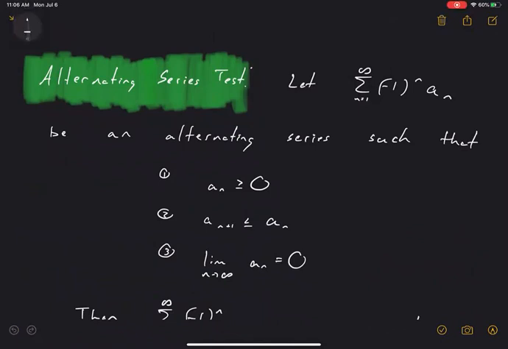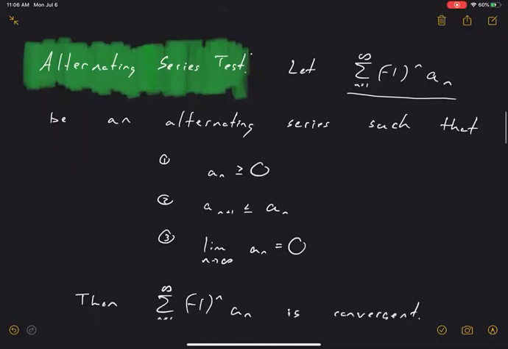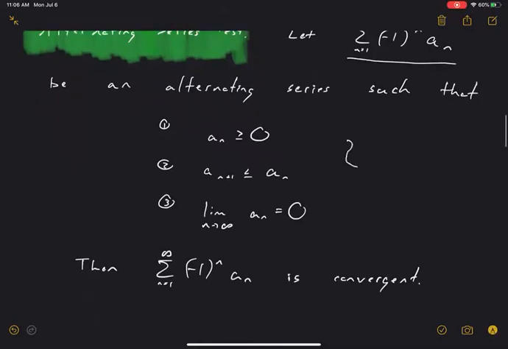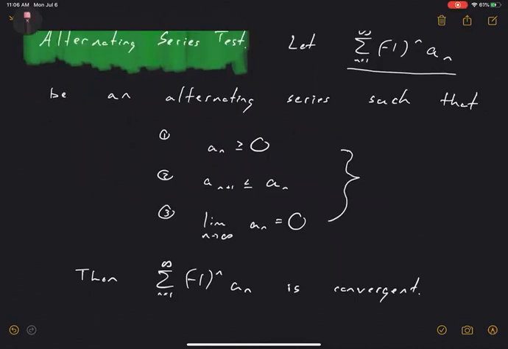So let's let the sum from 1 to infinity of (-1)^n a_n be an alternating series with these properties. So it's got to be an alternating series, but it's also got to have these properties. All right. So this a_n, this part here, has to be numbers greater than or equal to 0.